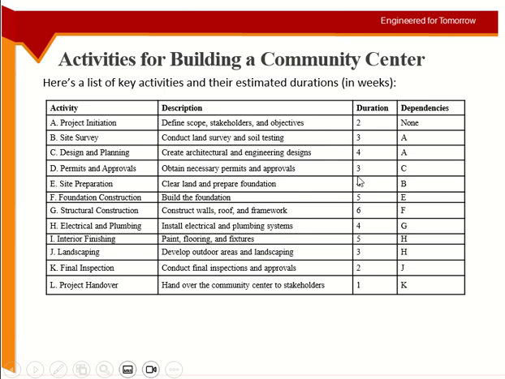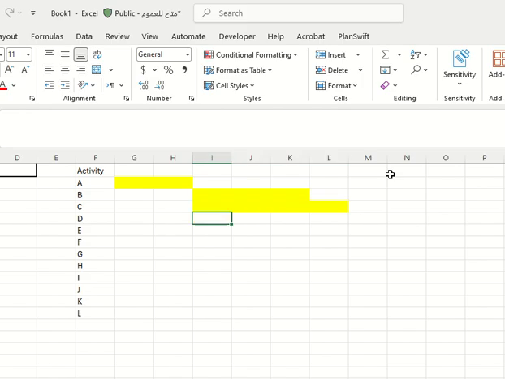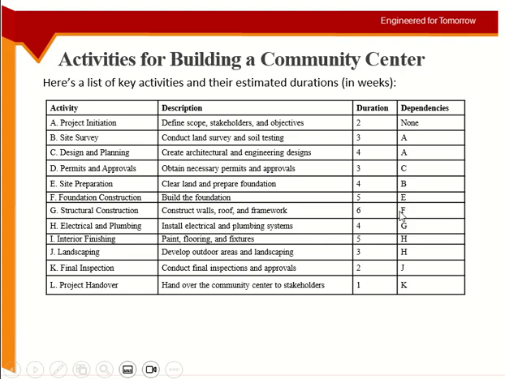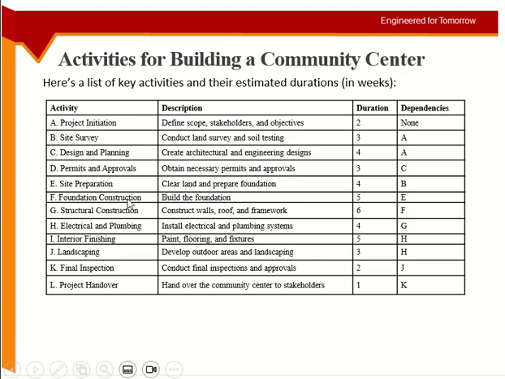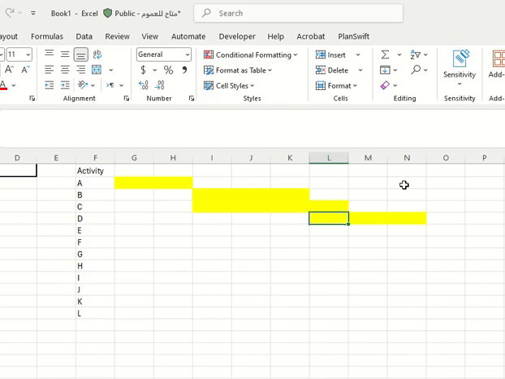Then I go to D. D takes 3 weeks after C, so when C is finished here, 3 weeks from here. Then I'm at activity E. E is 4 weeks after B. Sorry, I made a mistake here.